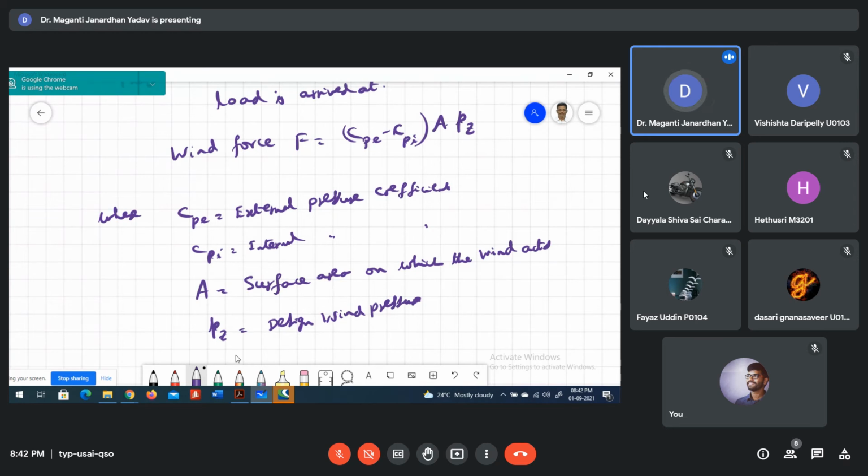So it is CPE minus CPI into A into P into Z. This is the wind force.